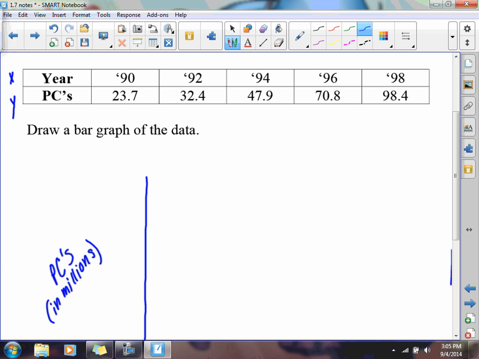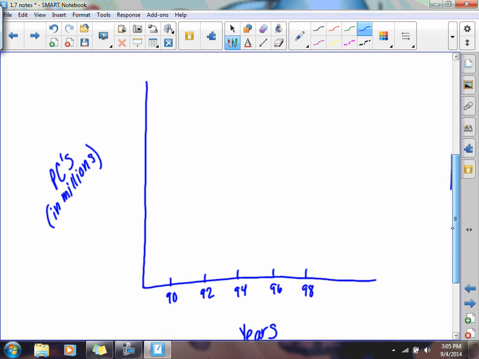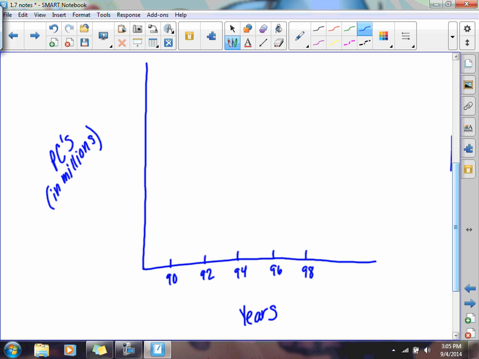So my first value now in my chart starts at 23.7 and I go all the way up to 98. So I get to control my units here and my increments. A good way to count from 20s to hundreds might be by tens.